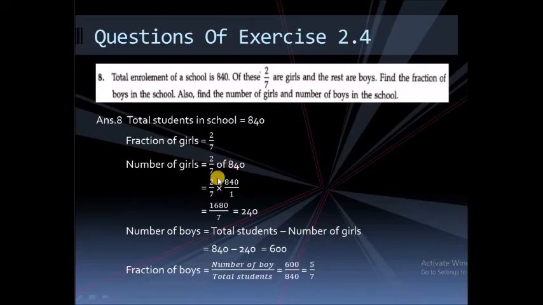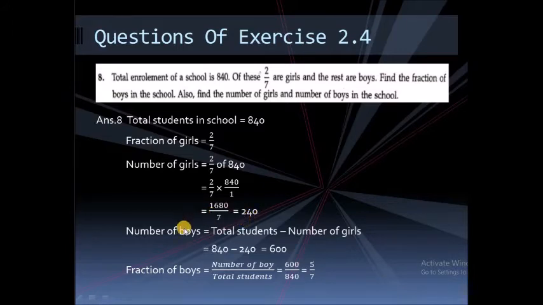So 2/7 of is replaced by multiplication and 840 as it is. You can also write it as 840 upon 1. Now I am multiplying again numerator with numerator and denominator with denominator. And when you divide this 1680 by 7, you will get 240. So 240 is my number of girls.